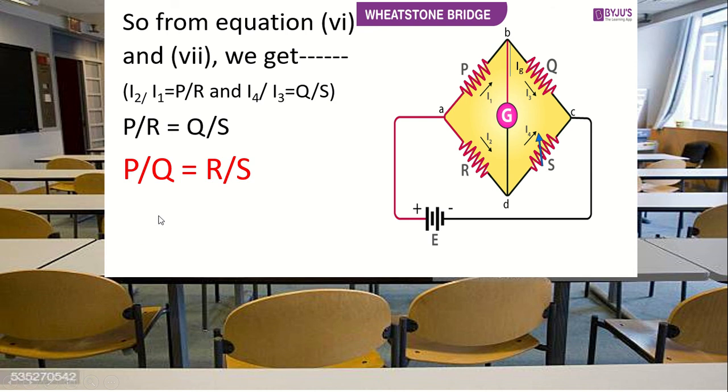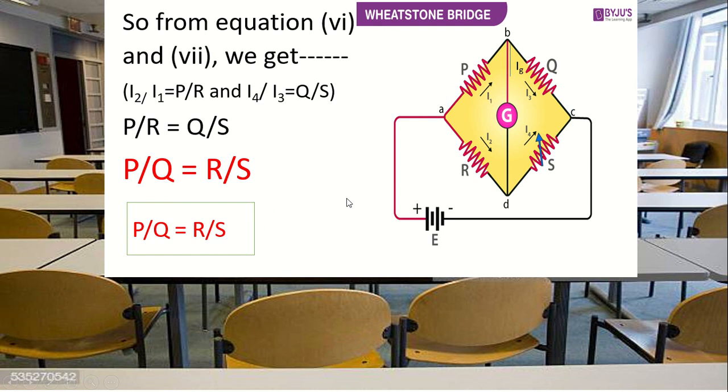So the ratio of the two resistances in the same order on both sides of the galvanometer will be P by Q equal to R by S. This is the principle of the Wheatstone bridge, this formula. That's why I kept it in a box, and you should memorize this formula, P by Q equal to R by S. If you know three of the resistors, then you can find out the resistance of the fourth arm.